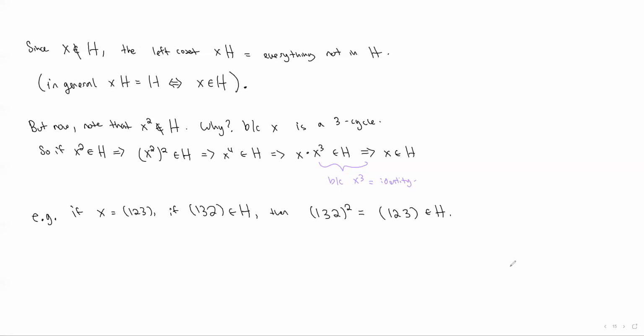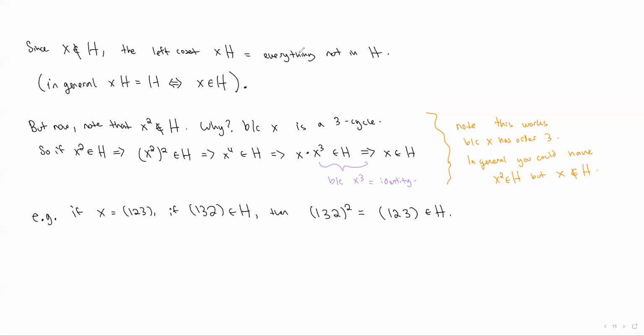Note this works because X has order 3. In general, you could have X squared being in H but X not being in H. That's possible in general, but because X has order 3, it's not possible here.